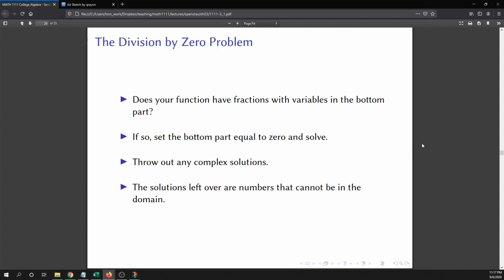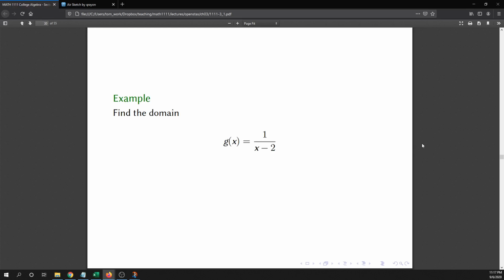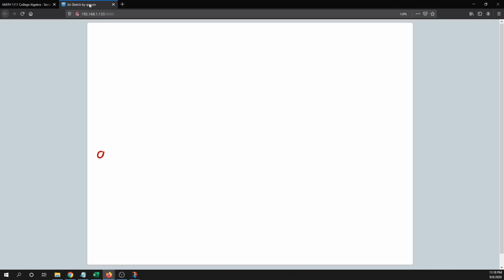All right, let's take a look at some examples. You're given this function, g of x equals 1 over x minus 2, and you're asked to find the domain.